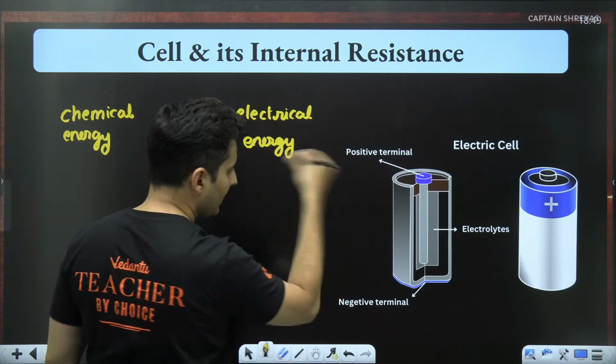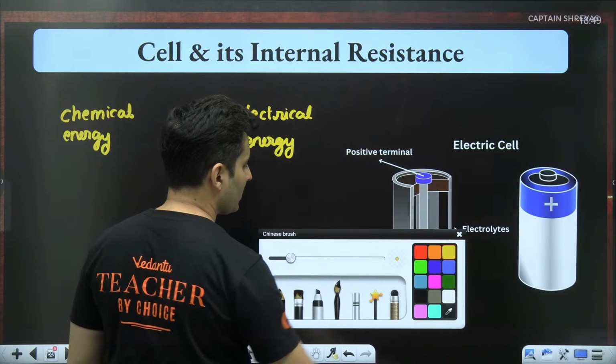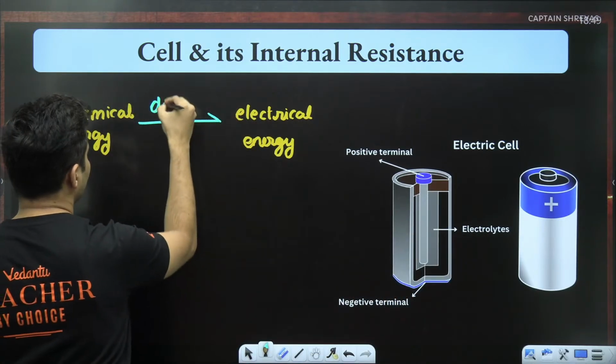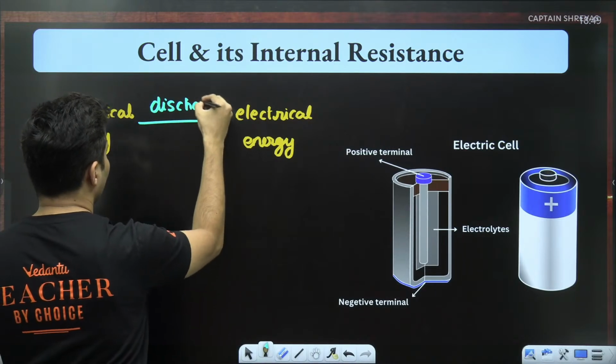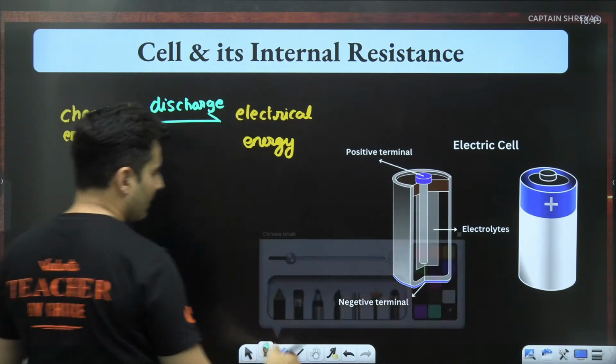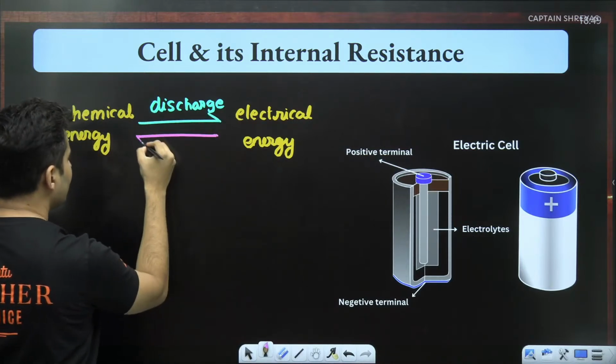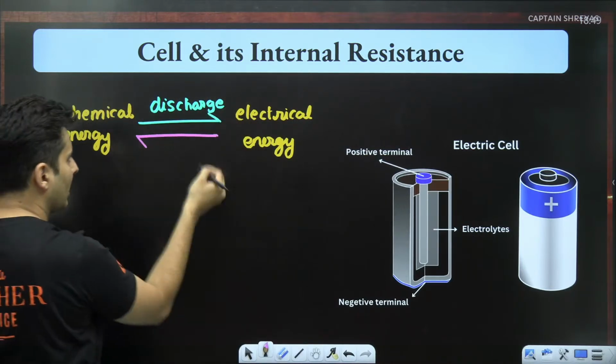This electrical energy is used for the motion of the electrons. This happens when you are discharging a battery. But when you charge a battery, the exact opposite process happens. The electrical energy gets stored in the chemical form.